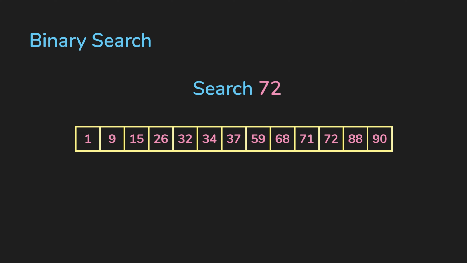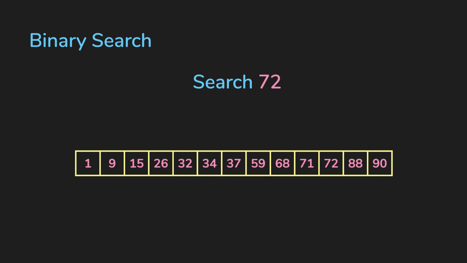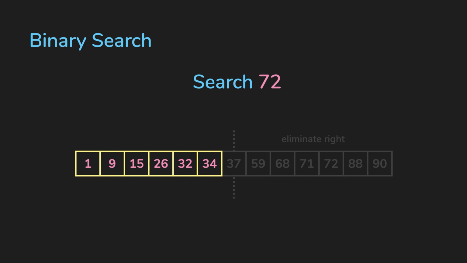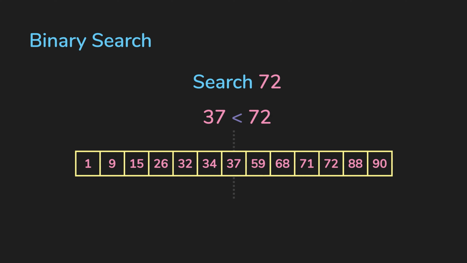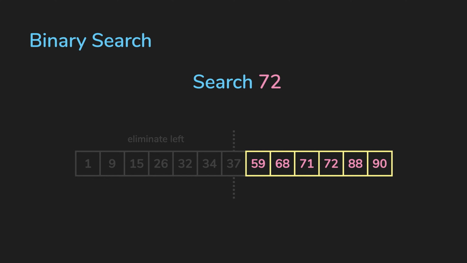Assume you're searching for the number 72. If the search key is not equal to the middle element of the array, then you can eliminate either the left or right side from further consideration, depending on if the search key is greater or smaller than the middle element. In our case, 72 is greater than 32, so we can eliminate the left half of the array.